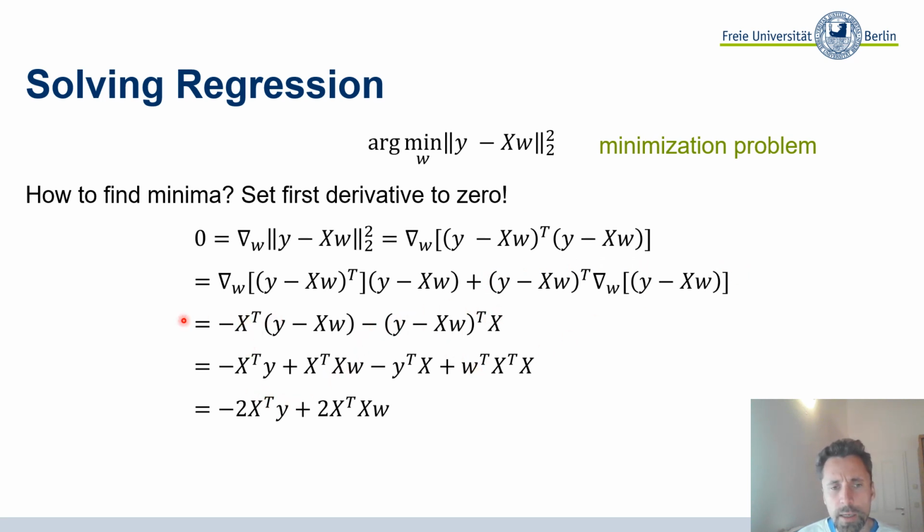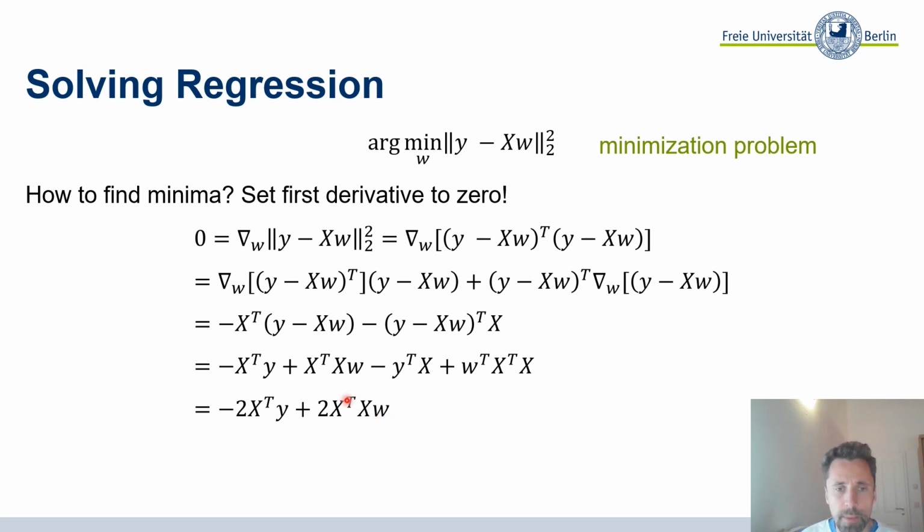Now, if we multiply this into the parenthesis, we'll get minus x transpose y plus, so the two minuses become plus, x transpose xw, and then we'll do the rest for the right part as well. It's pretty similar, and then we can condense this into this shorter term, minus 2x transpose y plus 2x transpose xw.